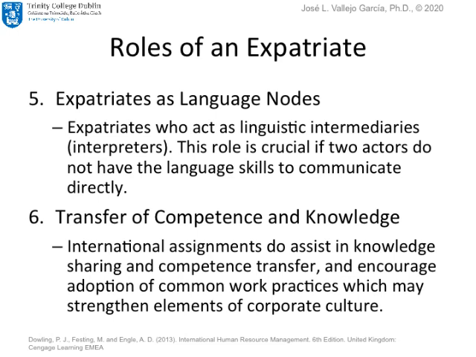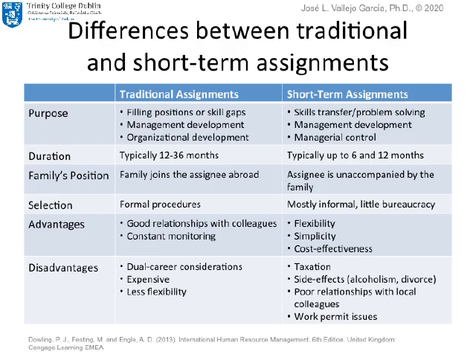And then number 6, transfer of competence and knowledge. International assignments do assist in knowledge sharing and competence transfer and encourage adoption of common work practices which may strengthen elements of corporate culture. At this point, it's important to show that there is a difference between traditional and short-term assignments in terms of purpose, duration, family position, selection, advantages and disadvantages.